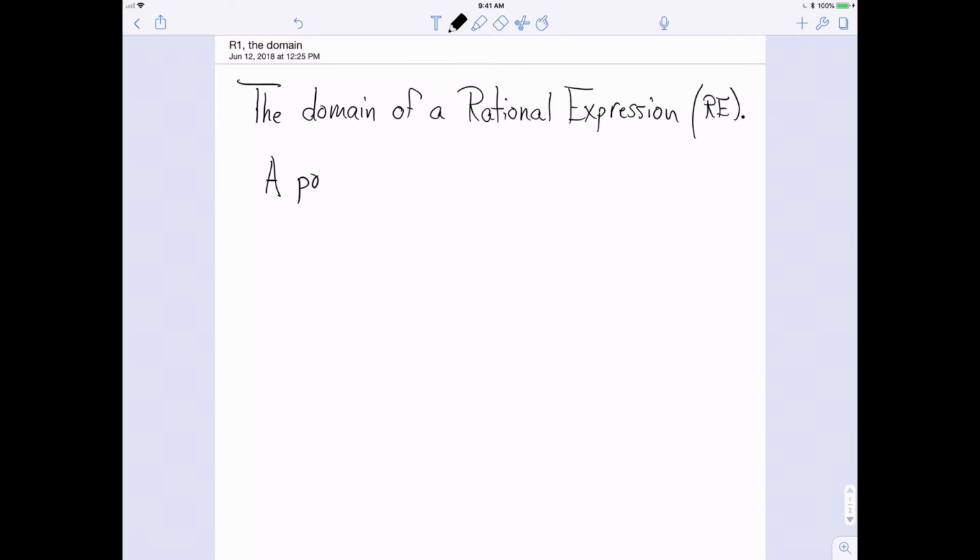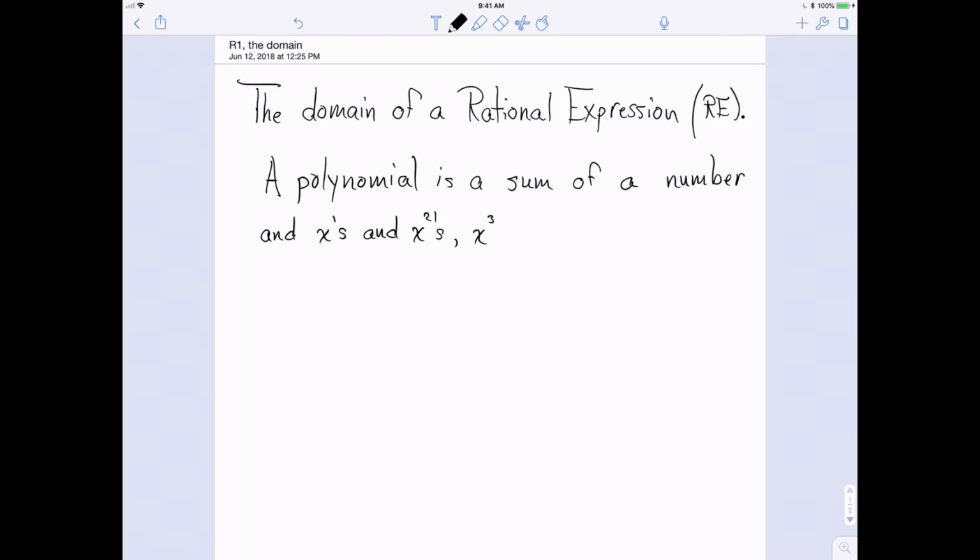A polynomial, if I could spell correctly. A polynomial is a sum of a number and x's and x squareds, and you could even have x cubes.